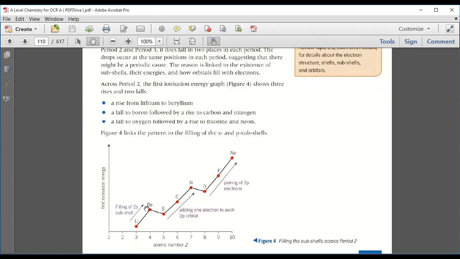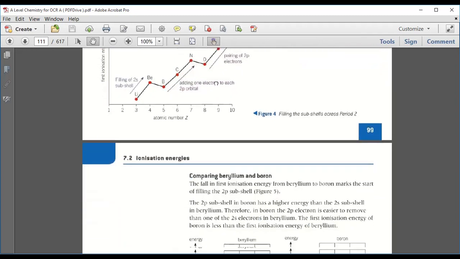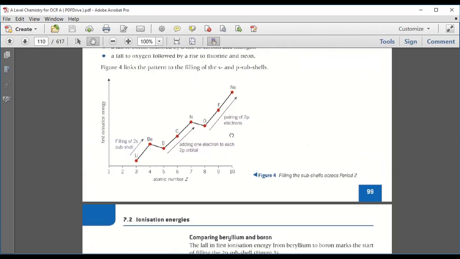The 2 electrons mean more force of attraction, and more force of attraction means more ionization energy. The fall at boron is followed by the rise to carbon and nitrogen, then the fall at oxygen, followed by the rise to fluorine and neon. It will drop down and then increase. The same pattern is also there in period number 3.